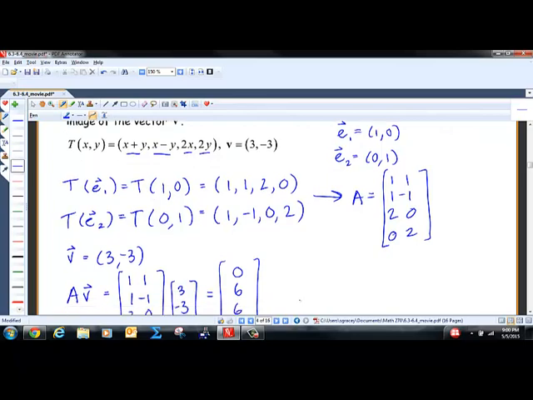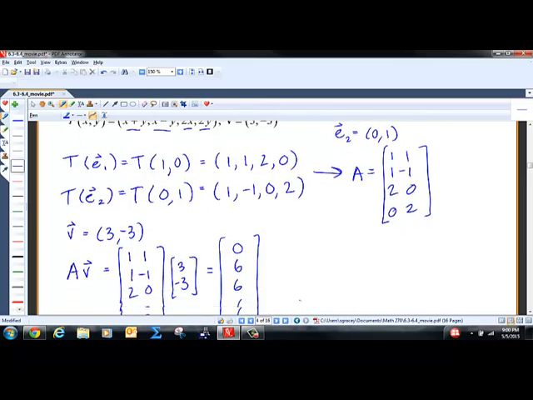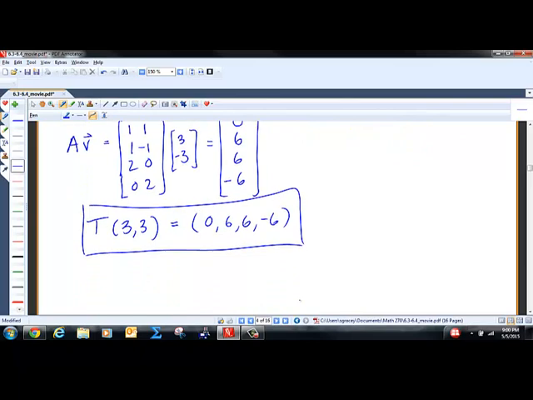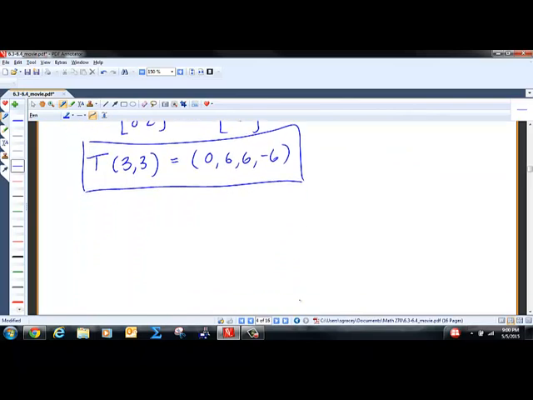So we first found A by evaluating our linear transformation at the standard basis vectors, and then we multiplied that resulting matrix by the given vector v, and we found the image of 3, negative 3 under this linear transformation to be 0, 6, 6, negative 6. All right?